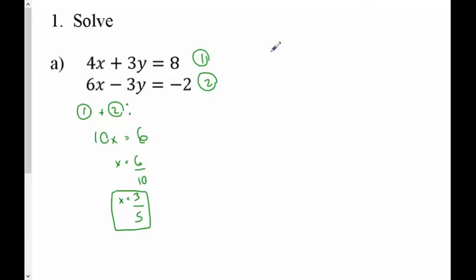Then I'm going to sub that into one of my equations. X equals 3 over 5. The coefficient on x here is a little lower, so I'm going to go with that one. We'll pick equation 1. So then I have 4 times 3 over 5 plus 3y equals 8.